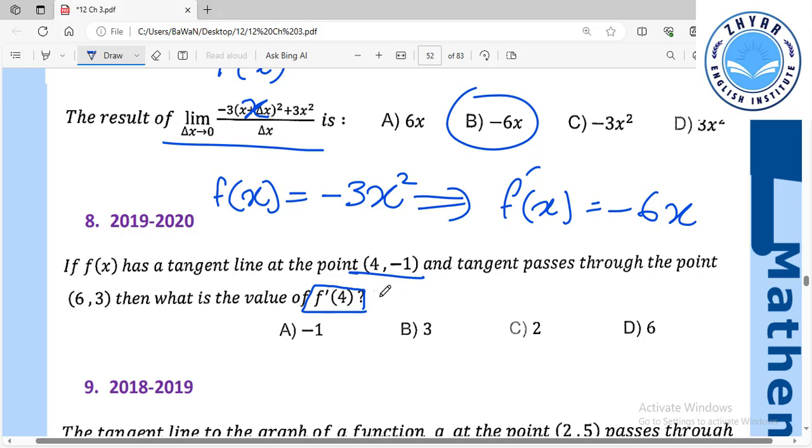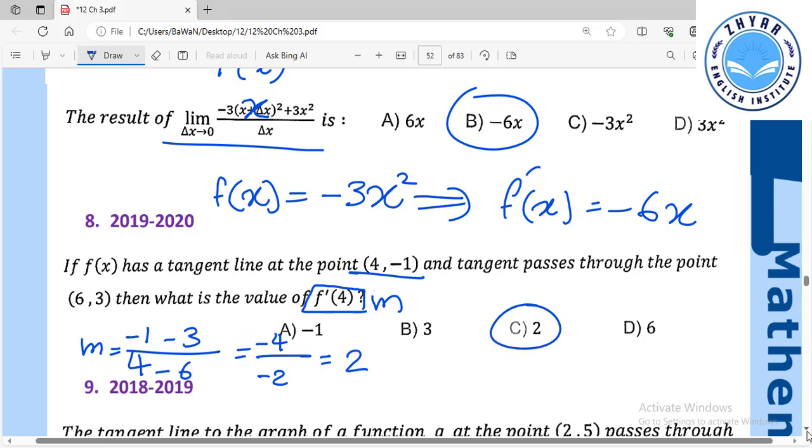That means I just need to use the slope between these 2 points. Slope is equal to y2 minus y1, negative 1 minus 3, over x2 minus x1, 4 minus 6. Negative 1 minus 3 is negative 4. 4 minus 6 is negative 2. Final answer is 2. Then C is the right answer.